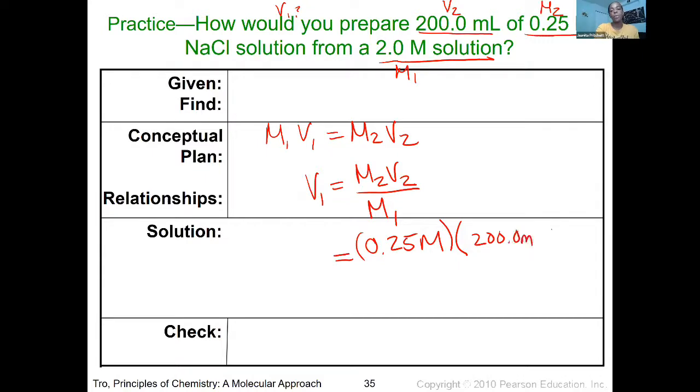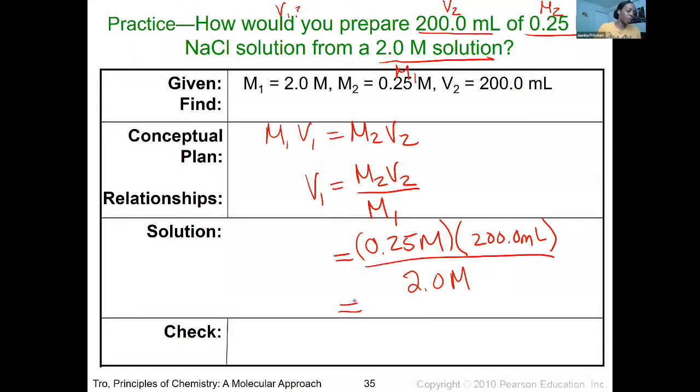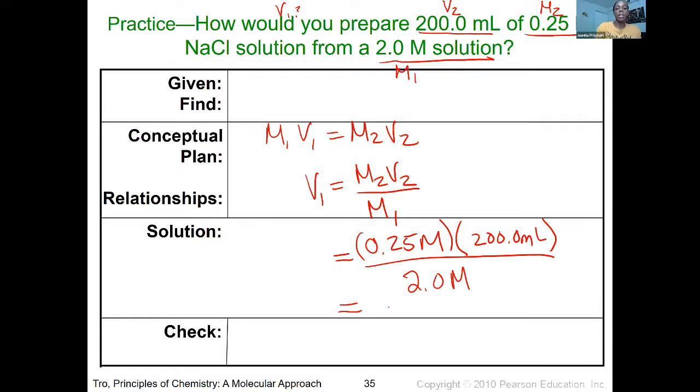Again, you do not have to convert here. It's not necessary. Divided by your M1, which is 2.0 molar. If we plug that in, 0.25 times 200 divided by 2 is going to get us 25.0 milliliters.